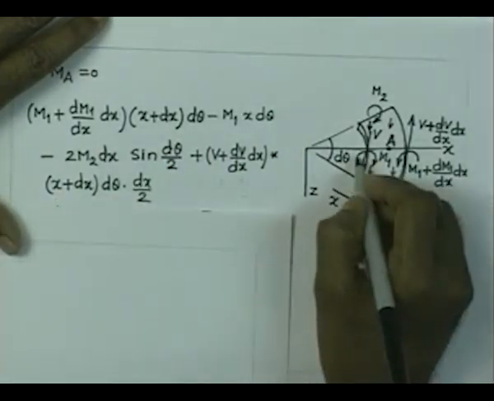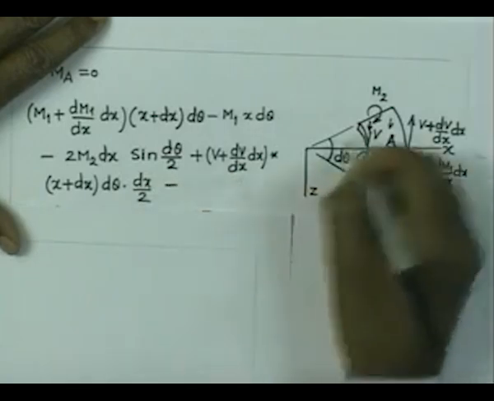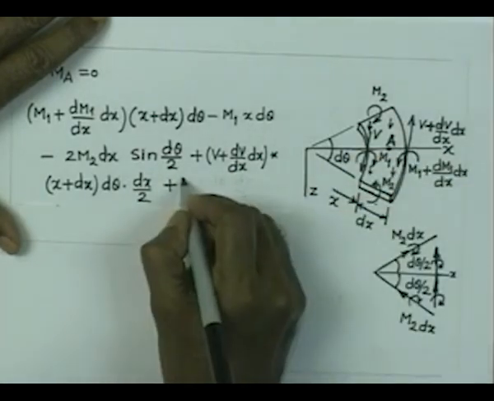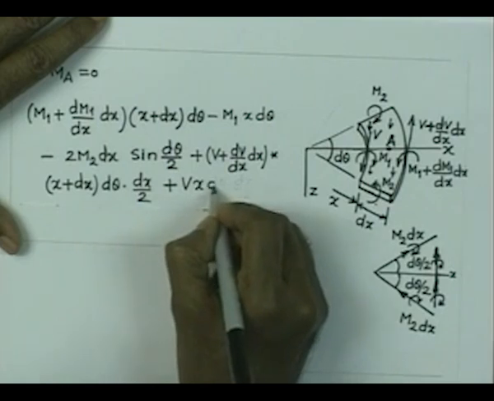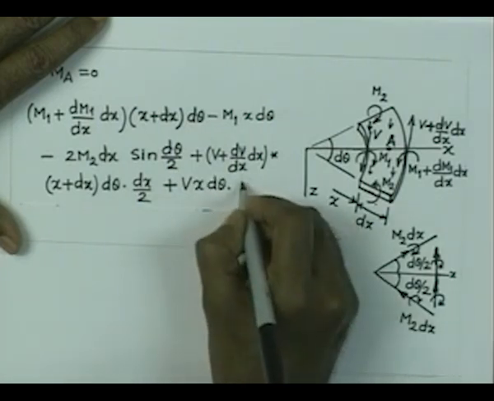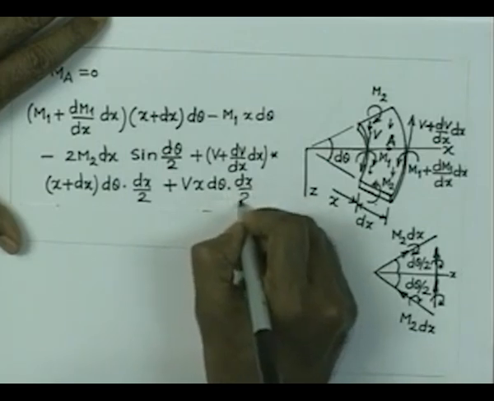Similarly for this one it is V, and it is producing a moment which is of the same sense as this one. So, therefore, V x d theta is the total force due to the shear force, and its moment arm is dx by 2.